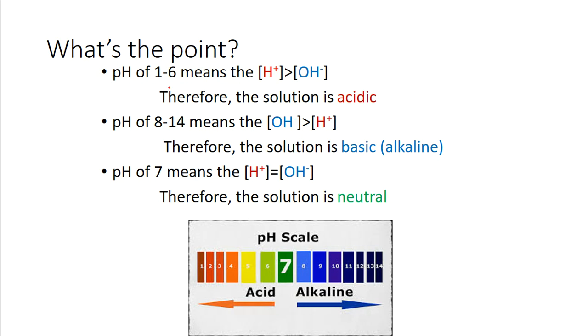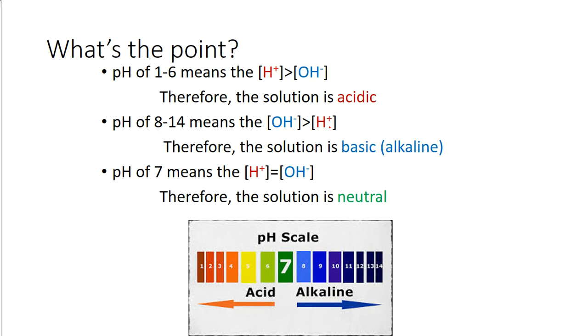All right, so the point of all that is that pH between 1 and 6 means the concentration of H+ is bigger than OH minus, and therefore the solution is acidic. You always knew this was true probably, but now you have reason to believe it. pH between 8 and 14 means the concentration of OH minus is bigger than H+. 8 to 14 means the exponent on the concentration of H+ is minus 8, minus 9, minus 10.